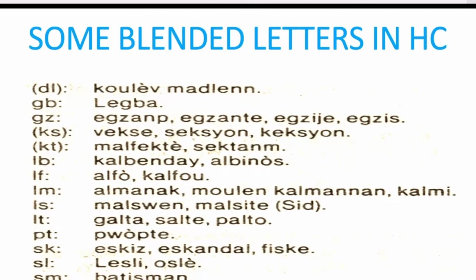And then you have SK, esquisse, escandale, fisqué. SL, then you have Leslie, Oslet. SM, then you're going to have bâtissement. SP will be espoir, espérer.